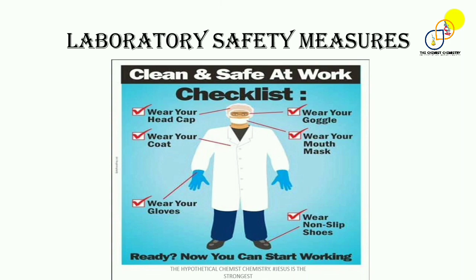So, in summary, this picture is showing us how we are to dress when we find ourselves in the lab before performing any experiment. Yes, so this is a checklist. You have to wear your head cap, wear your goggle, wear your coat, that is the apron, and then you wear your mask, wear your gloves, wear non-slip shoes.